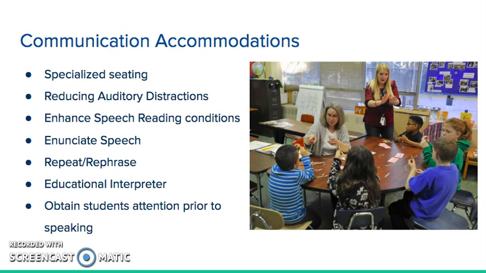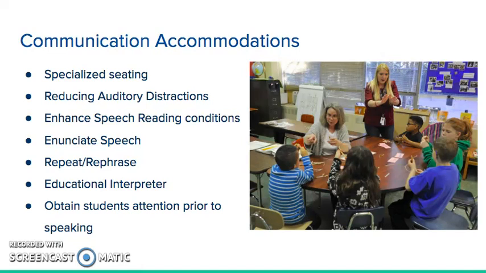So specialized seating could be helpful, where maybe you want the child to be closer so that they could see you better and read your lips better, to reduce any auditory distractions like background noise or other kids talking in the classroom, enhance speech reading conditions like avoiding your hands in front of your face, mustaches should be well trimmed, and no chewing gum while you're talking. That could be really difficult to read your lips. Clearly enunciate your speech, repeat or rephrase info when necessary.